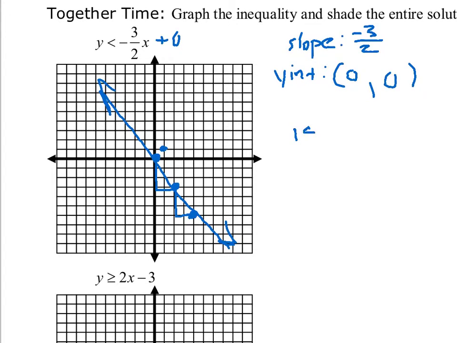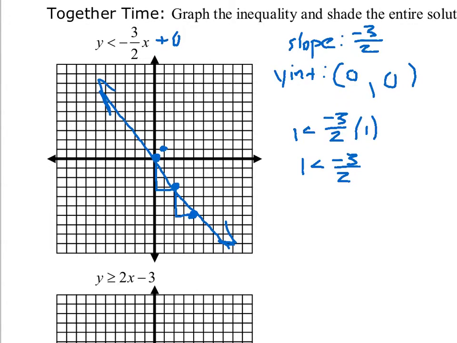1 is less than negative 3 halves times 1. And that gives me 1 is less than negative 3 halves. Yes or no? 1 is less than negative 3 halves.